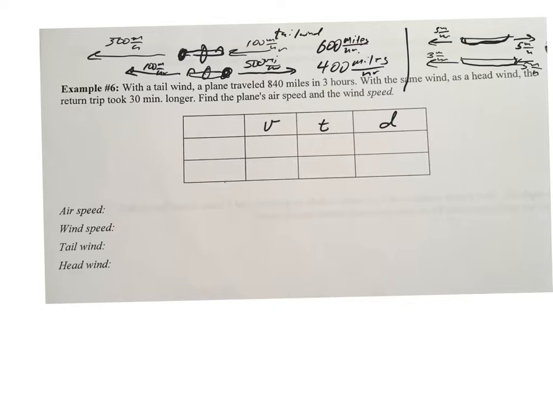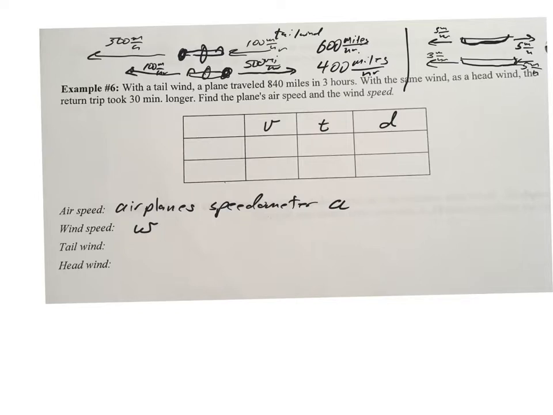I don't know if a plane really has a speedometer, but if it did, this is the airplane's speedometer speed. The wind speed is just the speed of the wind, and we're going to call that W.